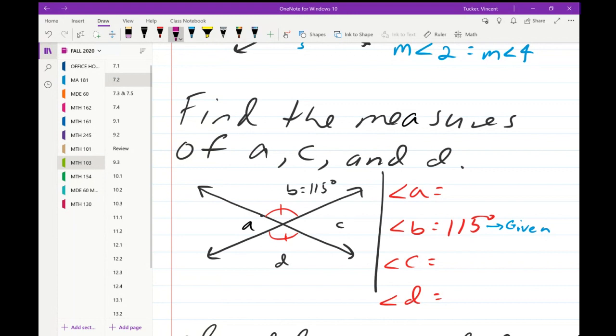So that means D is 115 degrees. And that's because it's a vertical angle with B.